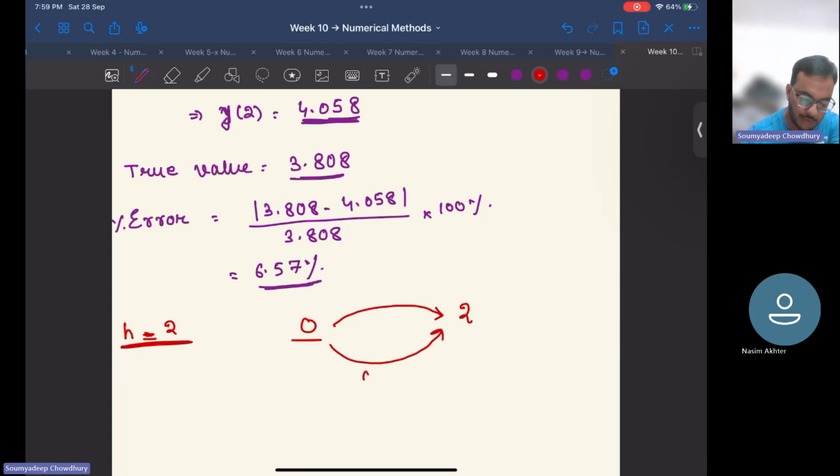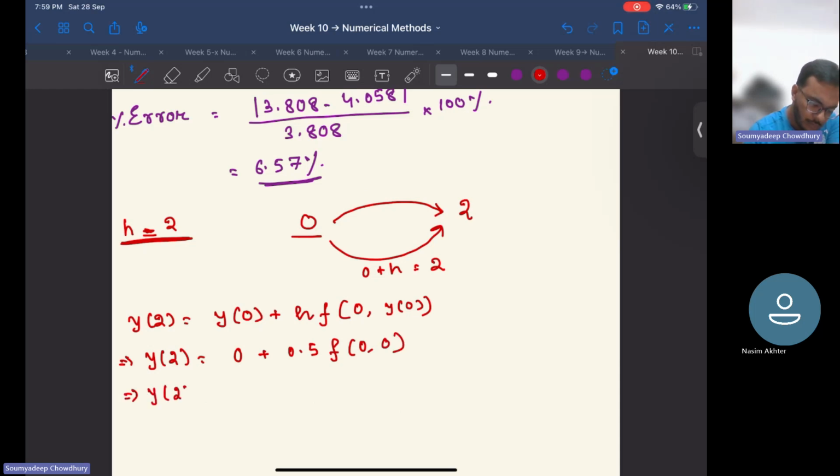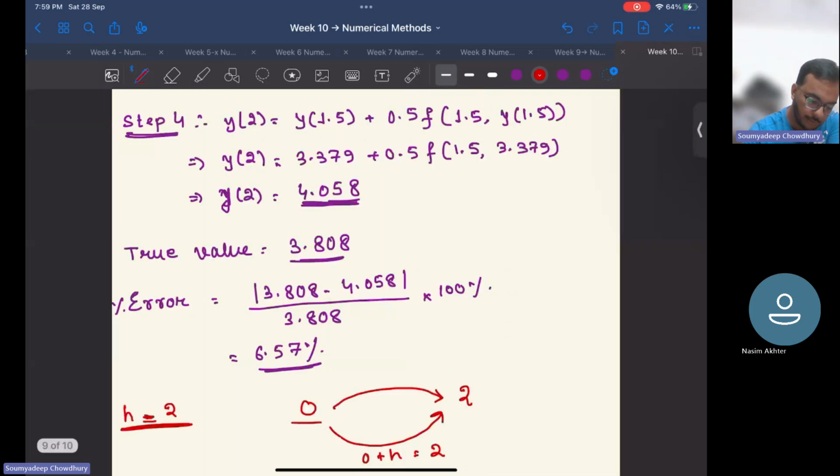So y of 2 is y of 0 plus h into f of 0 comma y of 0. y of 0 is 0, and h is, sorry, h is not 0.5 here, h is 2.